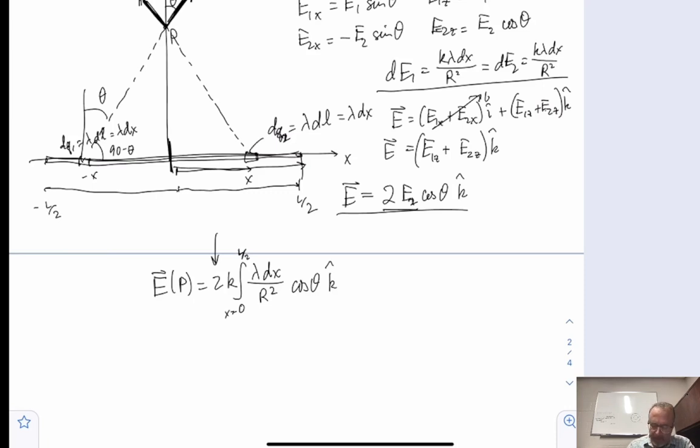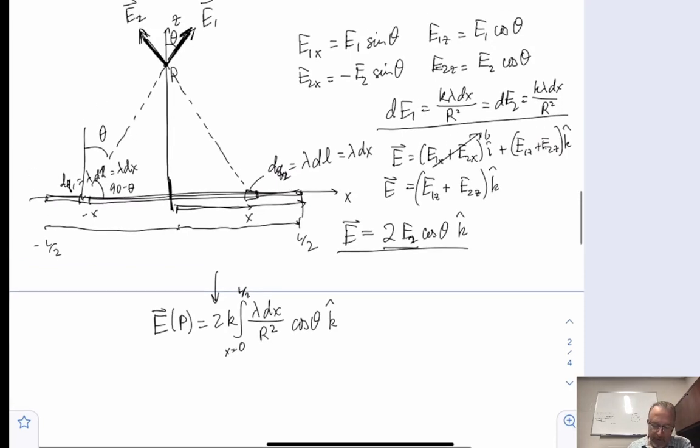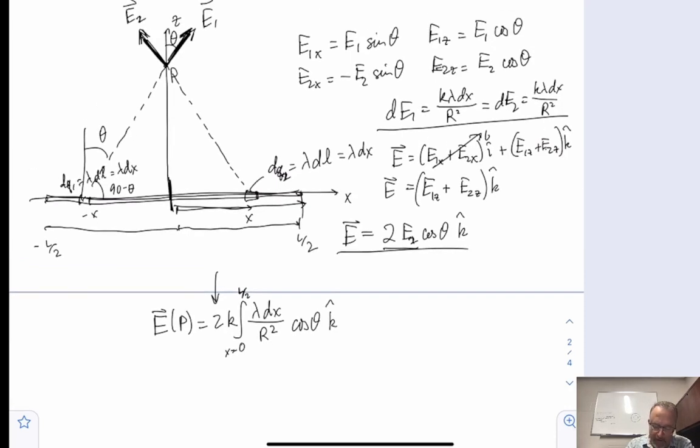Now, I do need to be careful about some of these variables that don't seem to relate to the integration variable, but they actually do. For instance, what is r? R is this distance here.